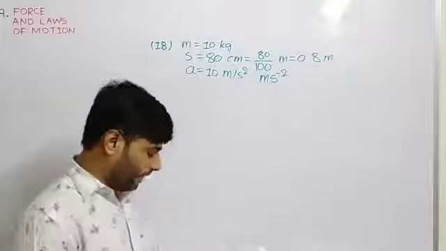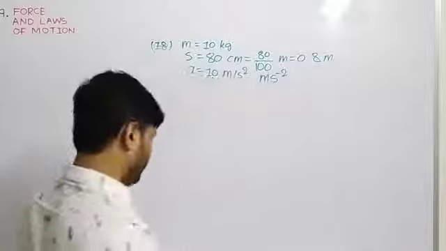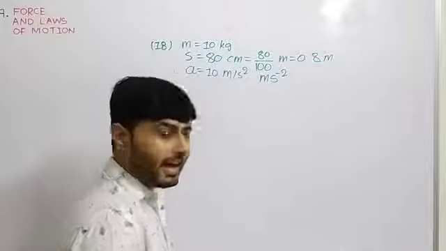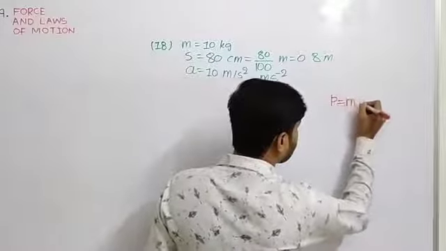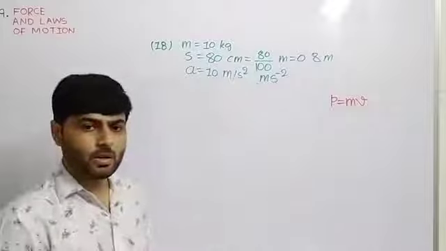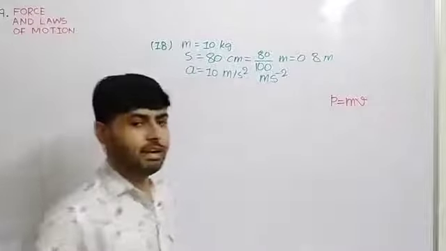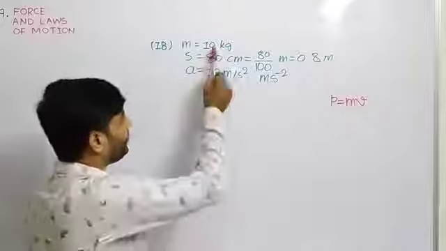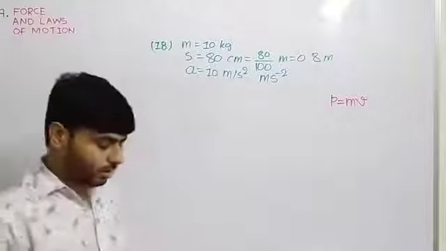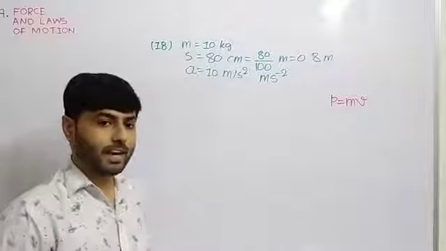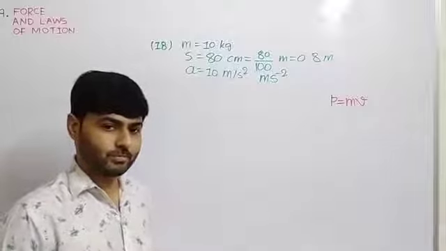We have to find momentum. For momentum, I have the formula p is equal to mv. For momentum I require mass and velocity. I have mass, but I don't have velocity, so first of all I have to find velocity. Remember the equations of motion?